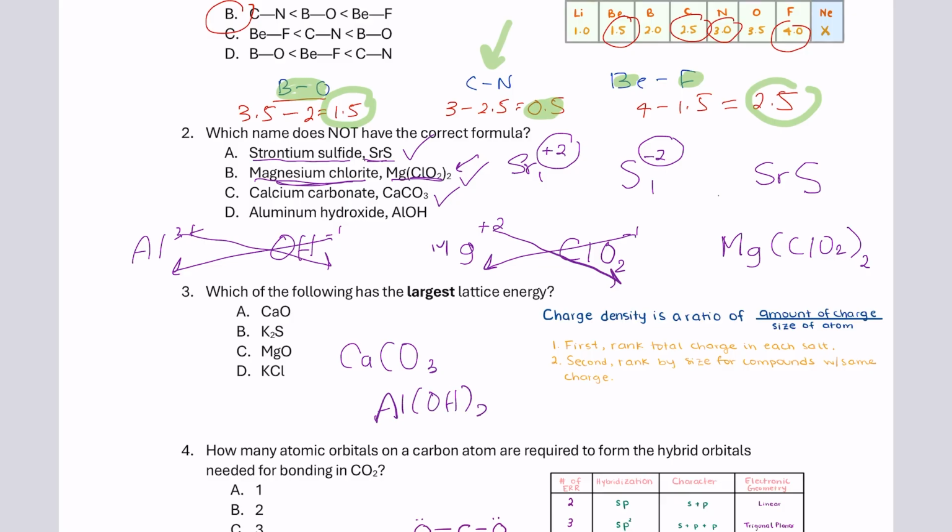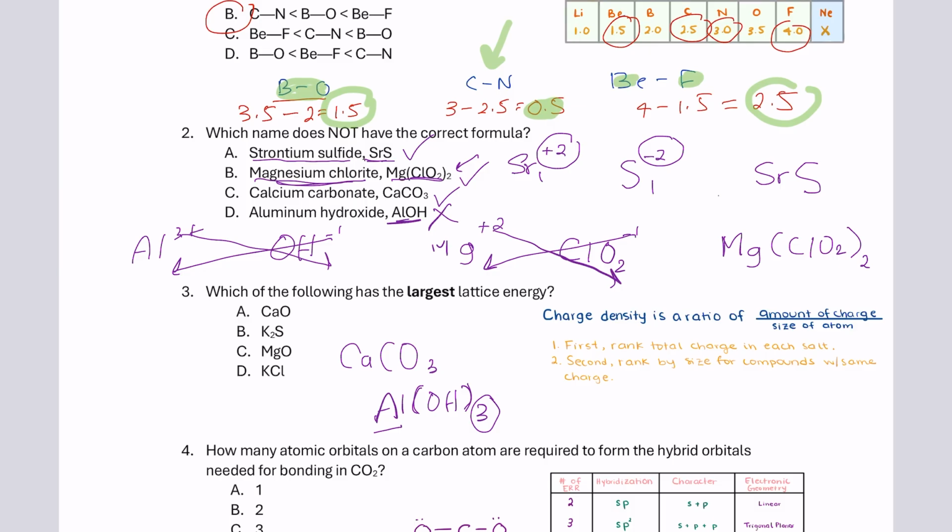We need 3 hydroxide ions to neutralize the +3 charge from aluminum. So that means the correct formula should be aluminum and then hydroxide, 3 of them. This doesn't match what's provided in this answer choice. So this is an incorrect pairing.